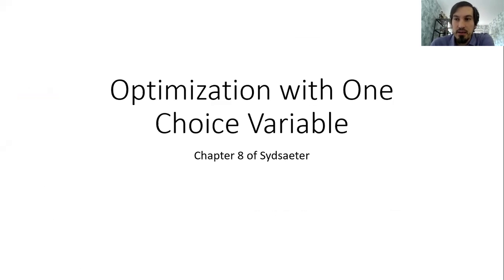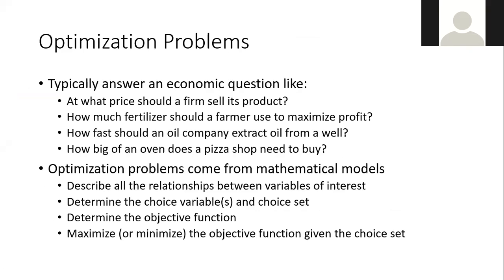Let's talk about how to optimize. Why would you optimize? It's to solve some economic question, like what price should a firm sell its product at, or how much fertilizer should a farmer use to maximize profits? How fast should an oil company extract oil from a well? If you get it too fast, it might dry up. If you get it too slow, you might not make enough money.